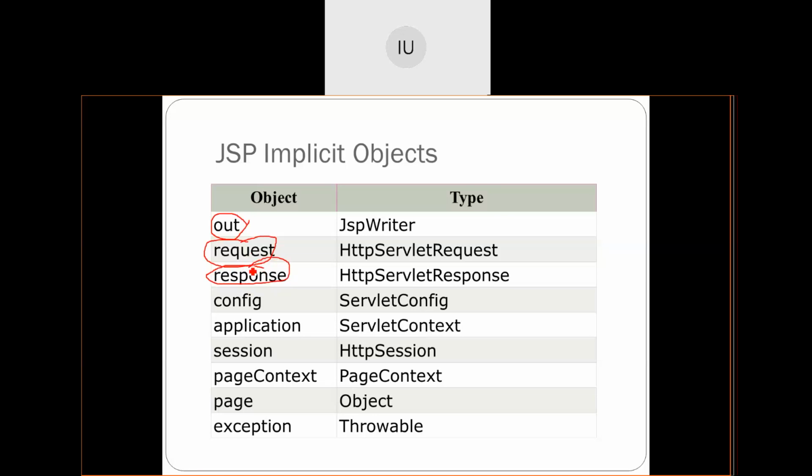On click of a button, it used to go to a Java file, that is called the servlet file. And also there was a requirement of writing web.xml. Unless and until it is written properly, I will not get the proper output. That was the drawback of servlet.